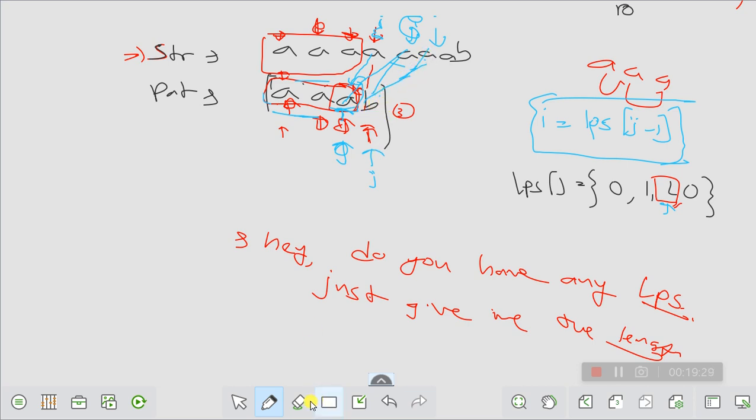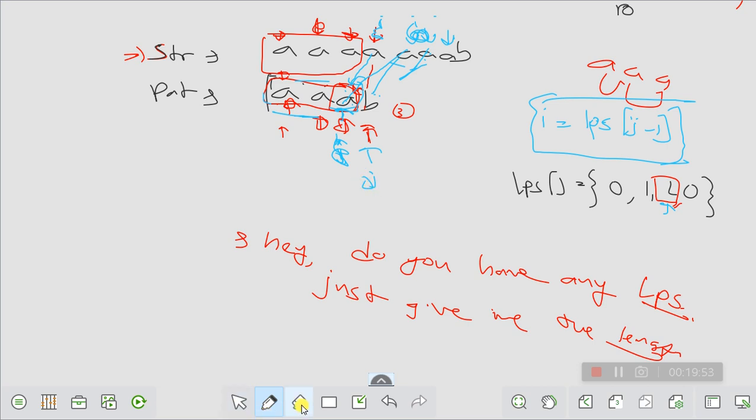So I'm again going to ask from this one, and it will again tell me that I have a length 2 prefix suffix equal. So now my i will be here and j will be here. It again sees that these two characters are matching, so I'm going to move this pointer here and this pointer here.